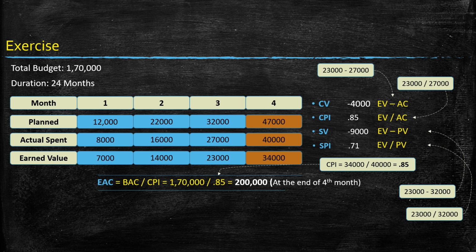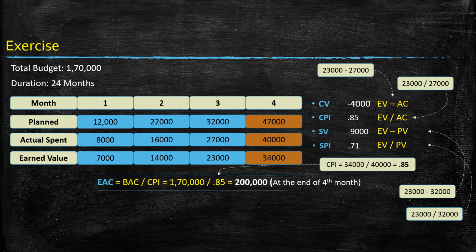One more thing I would like to mention here: we already calculated cost performance index just a couple of minutes back, but that was at the end of the 3rd month. This time we have calculated CPI at the end of the 4th month. Now, in order to calculate EAC, as I said, we divide BAC by CPI.